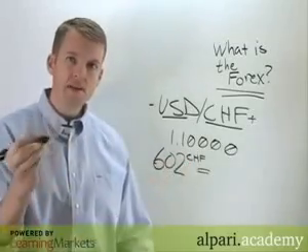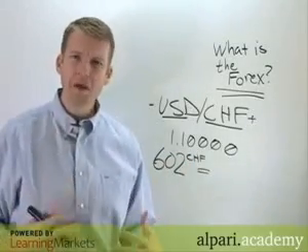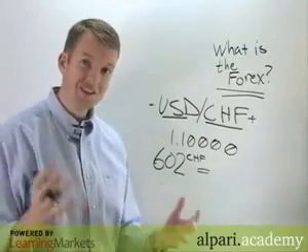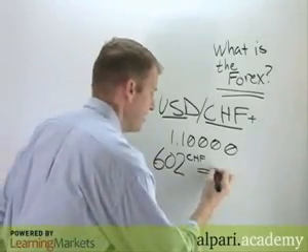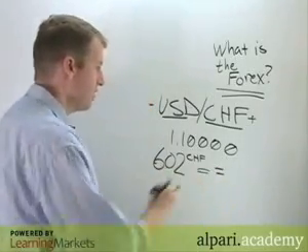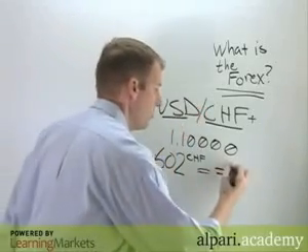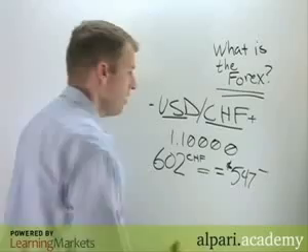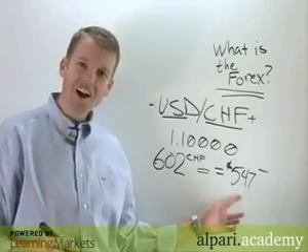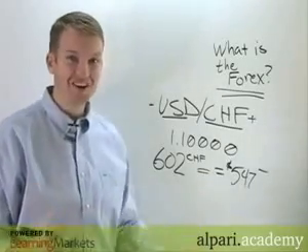And now you might think, well, we live in the U.S., that must be a bad thing for us. Well, not necessarily, and this is something that's hard to wrap your head around when you first learn it. If we convert this 602 francs at our new exchange rate, we get back $547. Now, that means that we just made a profit on our vacation of 10%, at least on our spending money.